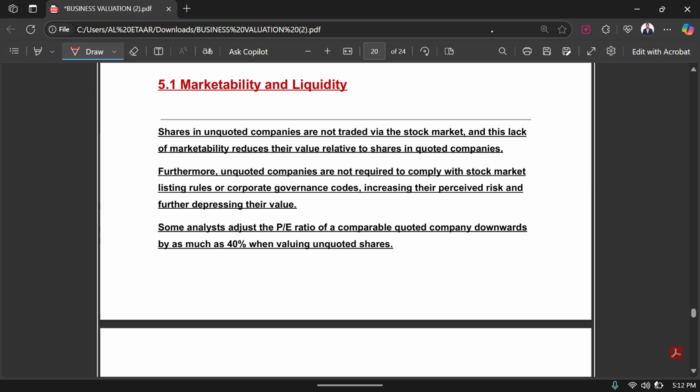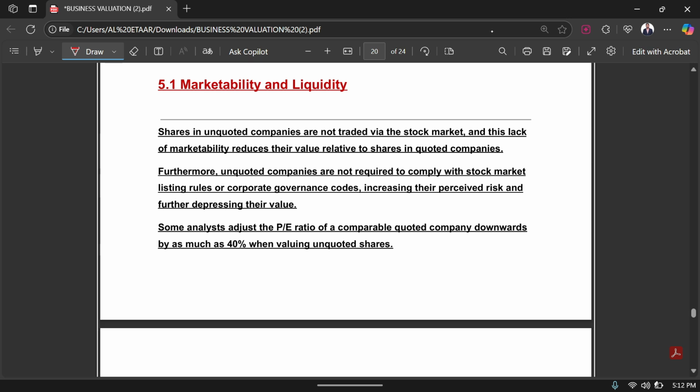But if a company is not listed on the stock market, then it does not have to follow the stock market regulation. It does not have to follow the corporate governance code, which basically increases the perceived risk that investors perceive from that company, right? The investors perceive that there is going to be more risk in this type of company because there is no regulation on them, and therefore they can do whatever they like, right? Therefore it's very risky. It's much more risky to invest in an unquoted company than in a quoted company.